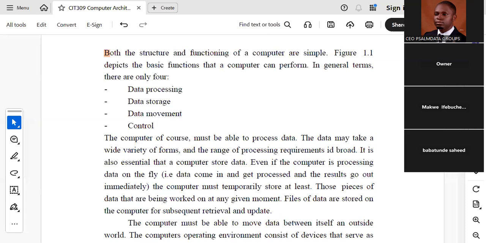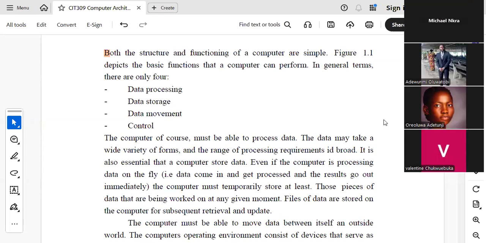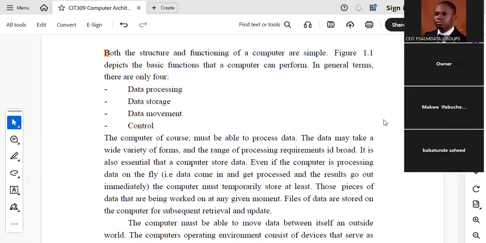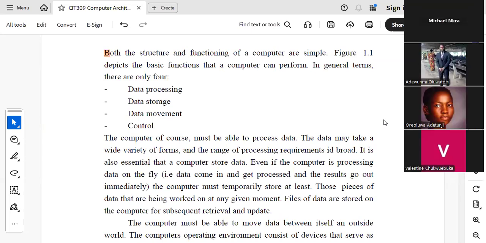The owner, can you see it now? The owner, are you there? Can you try it now? If you are not the owner, mute yourself, please. It's like the owner is not here. Oh. Okay, let's look for another person.